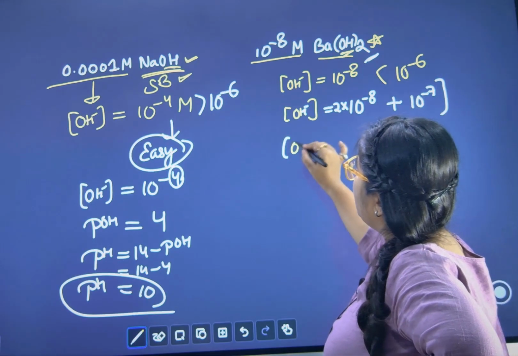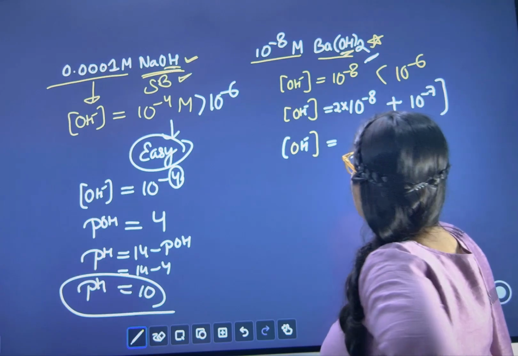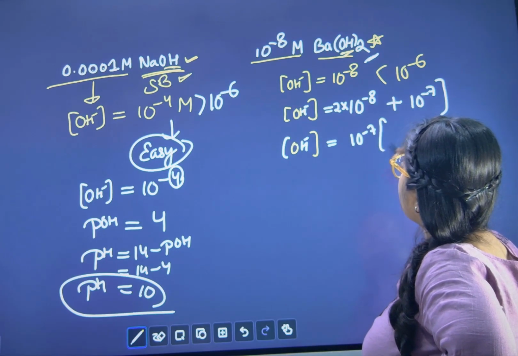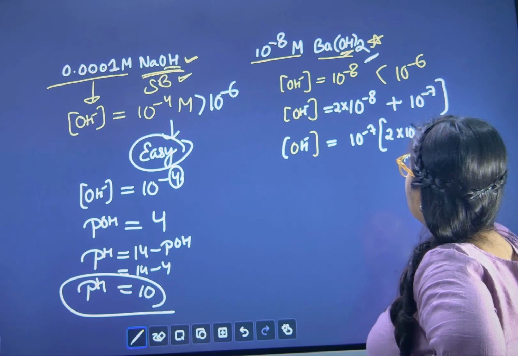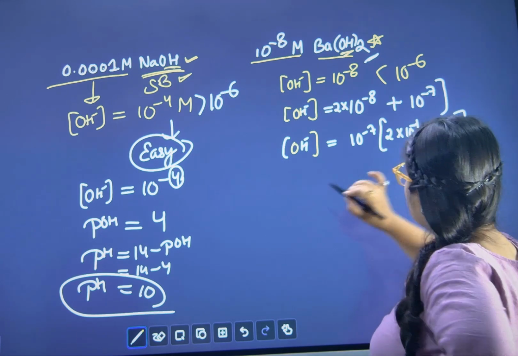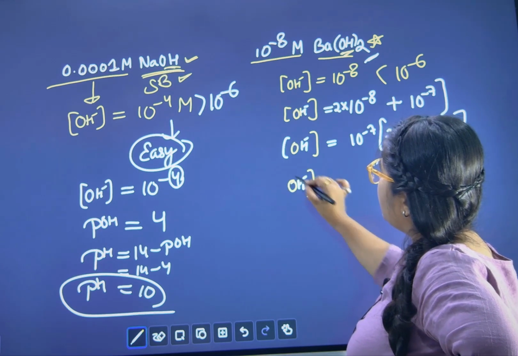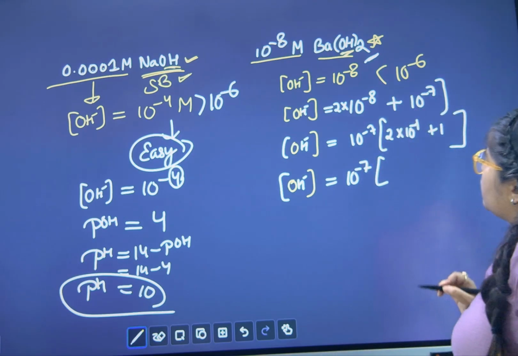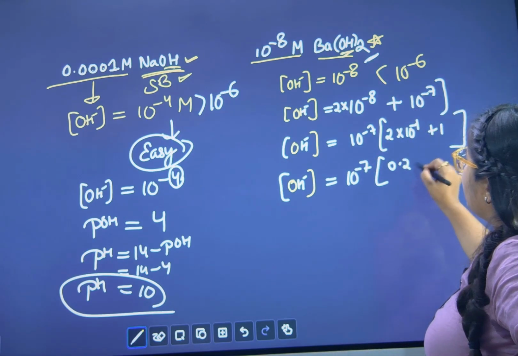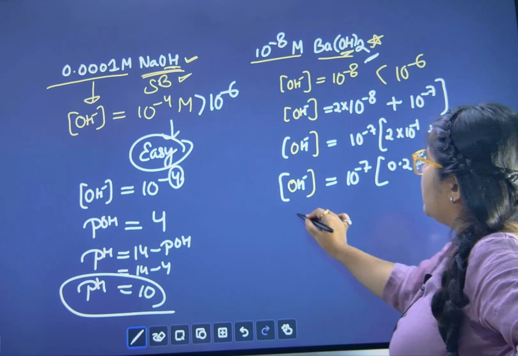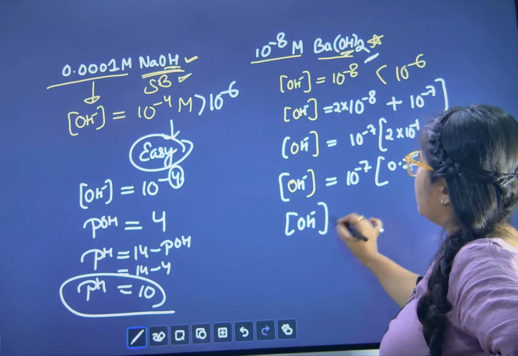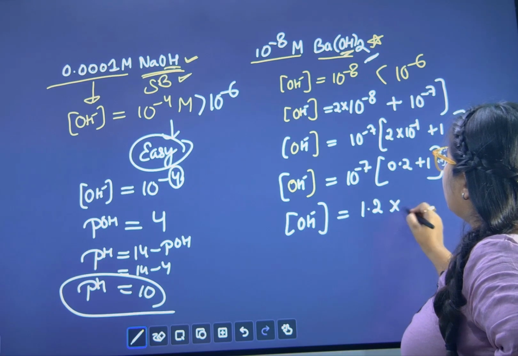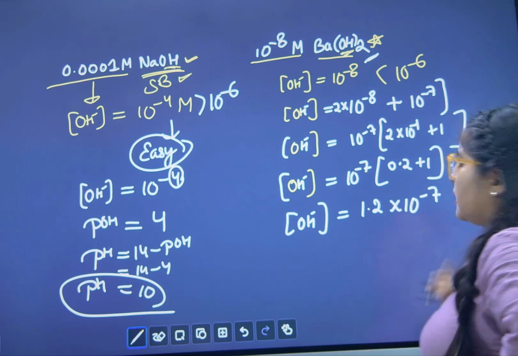Taking 10 to the power minus 7 common, it becomes 10 to the power minus 7 times (2 into 10 to the power minus 1, plus 1). 2 into 10 to the power minus 1 means 0.2 plus 1. So OH minus ion is equal to 1.2 into 10 to the power minus 7, right?